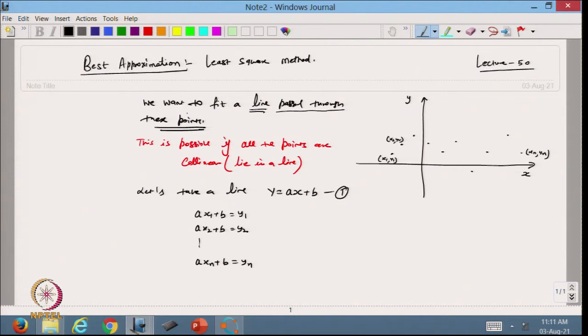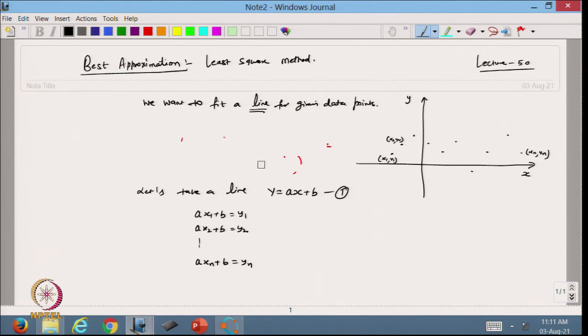So I want to fit a line for the given data points. I don't claim anything, I will do it with this first. I have taken the equation of a line, and then I put the values here, and suppose this is equal to this value.